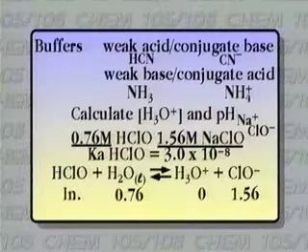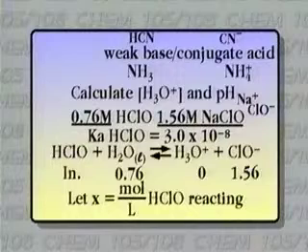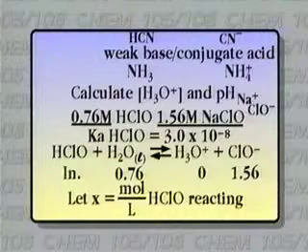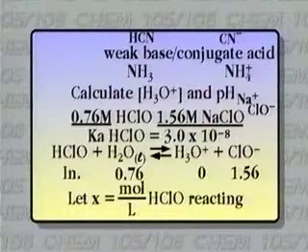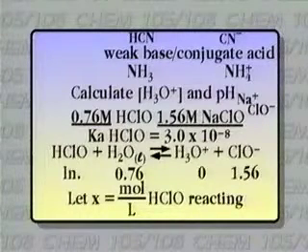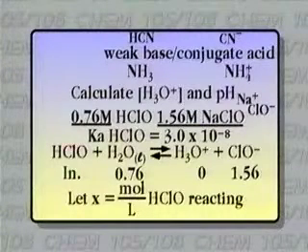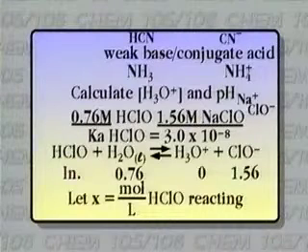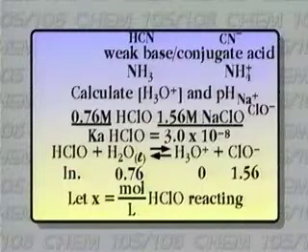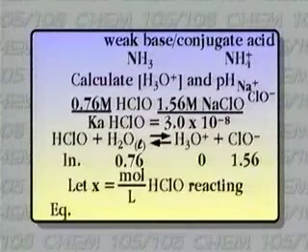And so we'll say here, let X equal the moles per liter. Moles per liter, X equals moles per liter of HClO reacting. All right? Now, if we do that, and then we go back and ask, now what will we have once equilibrium is reached?